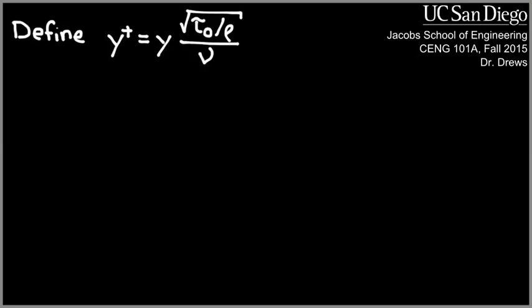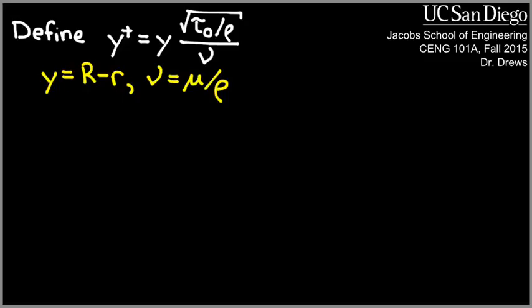First of all, y here is defined, if you're in a cylinder, as big R minus little r, where big R is the radius of the cylinder. And nu is a different kind of viscosity. It's called the kinematic viscosity, and that's just equal to mu, the dynamic viscosity that you're used to, divided by rho.